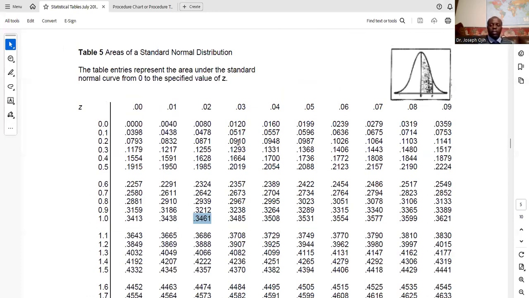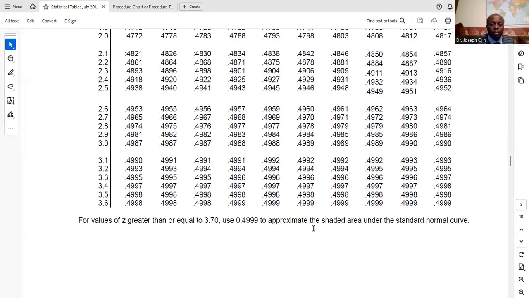Now, like I say, you cannot see 98.87% or 0.9887 on the table. That's what we have here, I believe, on this chart. Yeah, 9887.